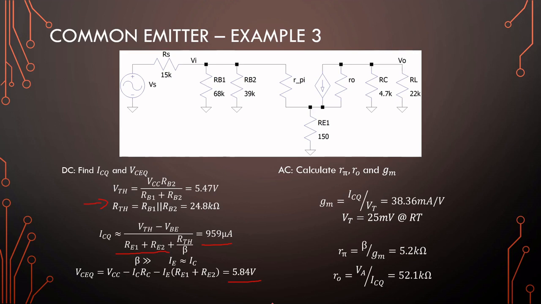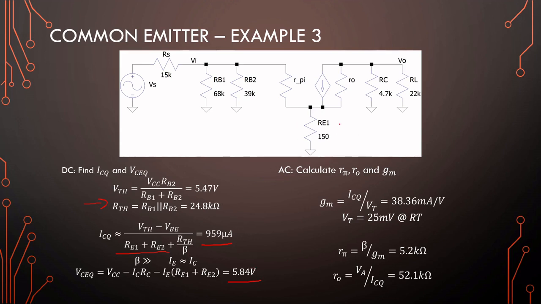Our Q point will also differ a little bit. If I remember correctly, this was 5.7 volts. Okay, so adding a small emitter resistance here has very small effect on our DC bias.